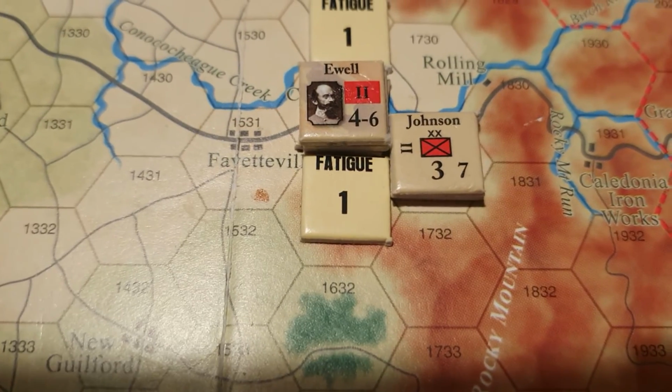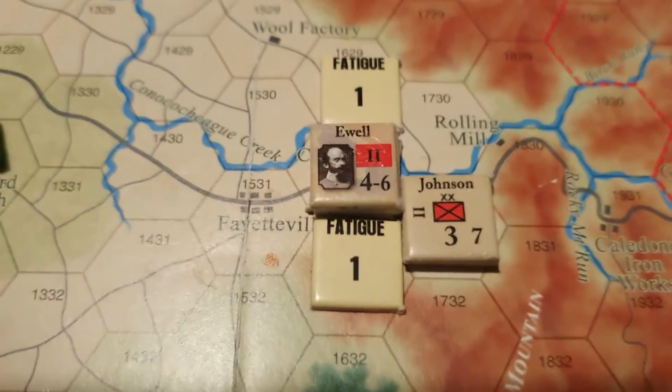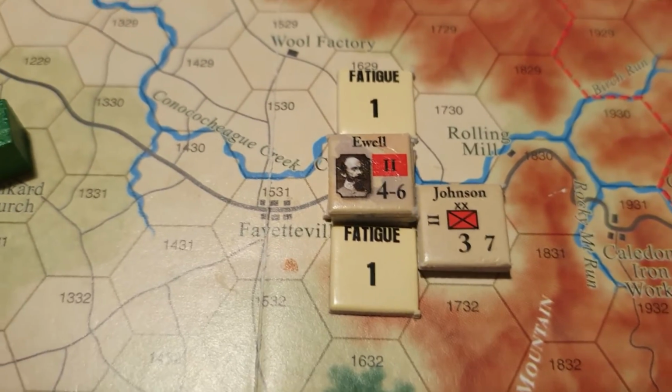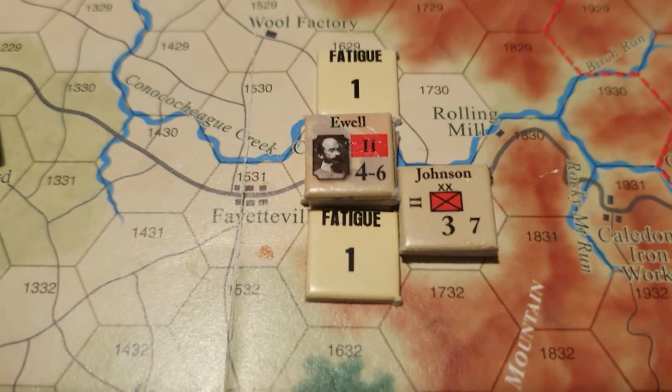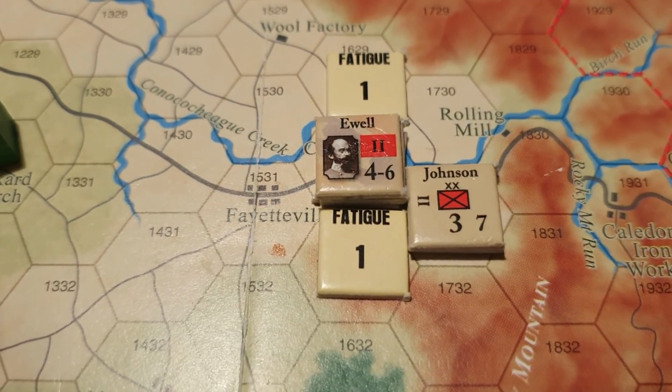He'd only got 1 left at this point. Okay, that'll do for the moment. We'll get on to a bit more about fatigue and stuff as we go into the next side.